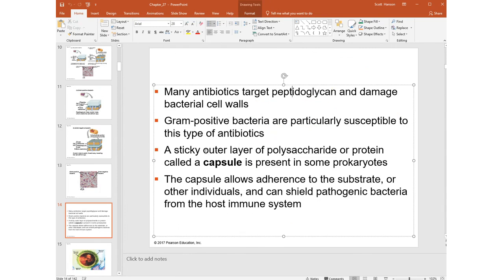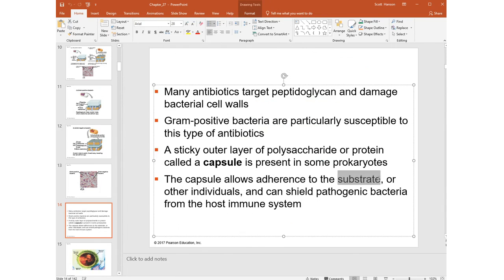A sticky outer layer of polysaccharide or protein called a capsule is present in some prokaryotes. And the capsule allows adherence, or sticking, to the substrate.